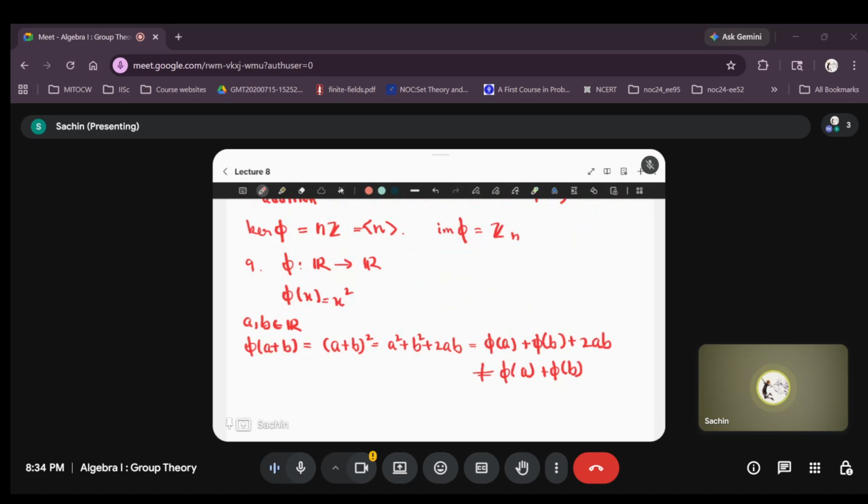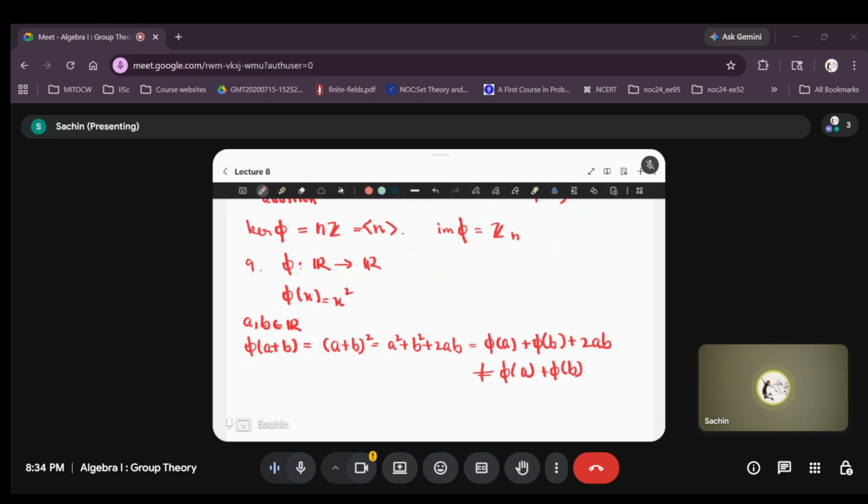So this would not be a homomorphism. But phi of x is equal to x square would be a homomorphism from R star to R star. We saw phi of a is equal to a square, under multiplication, was a group homomorphism for an abelian group. Since R star is abelian, phi of x equal to x square would be a group homomorphism from R star to R star, where the operation is multiplication.